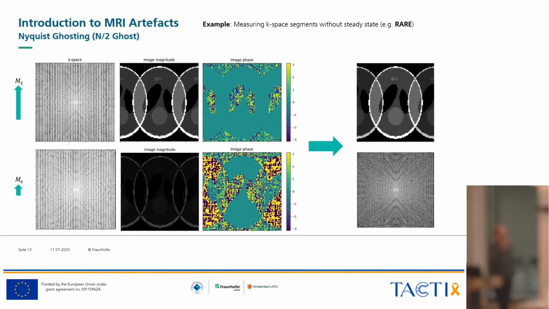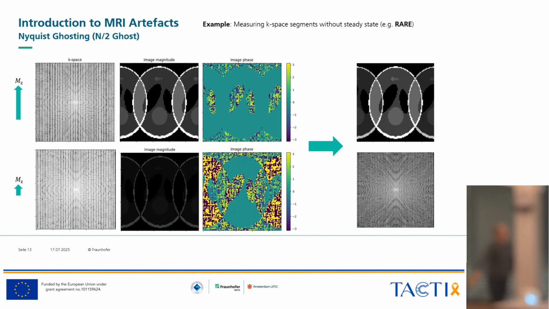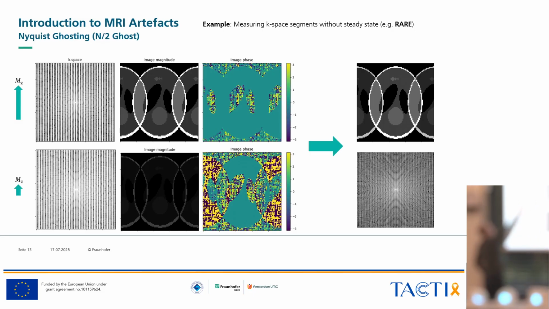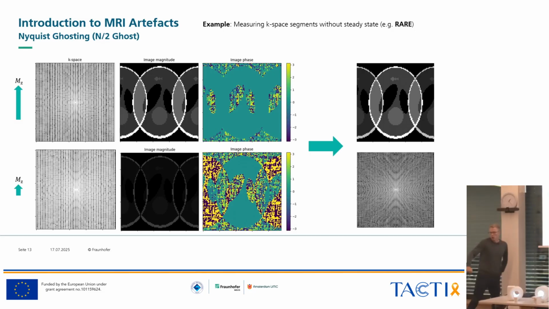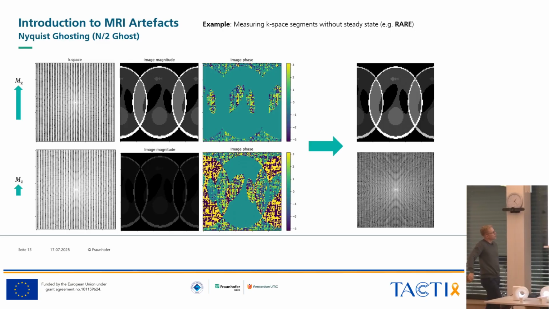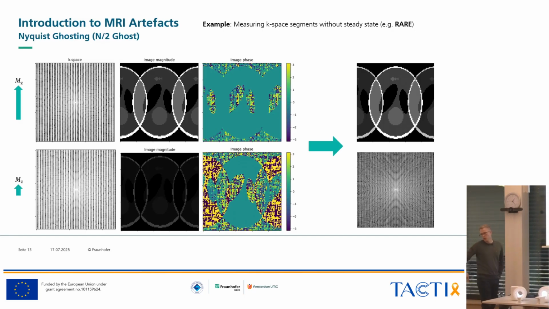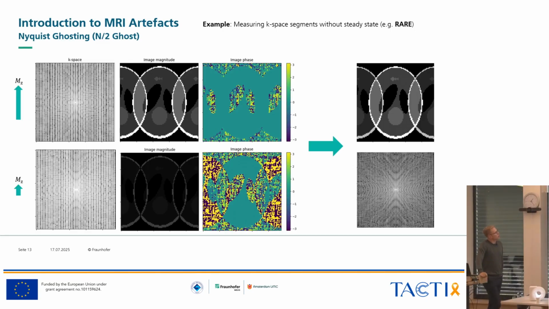So if you measure the first segment, like this one above, the even lines, with the equilibrium magnetization available, you have a lot of signal, which translates to quite high intensity of those K-space lines. And as this is just a multiplication, this will also translate to quite high intensity of your image magnitude.